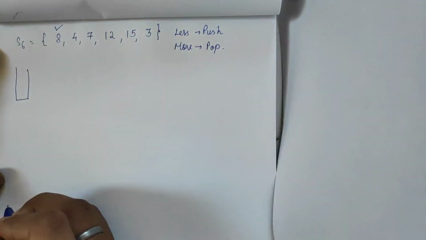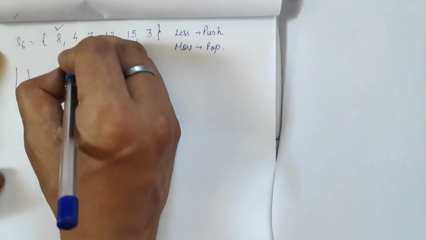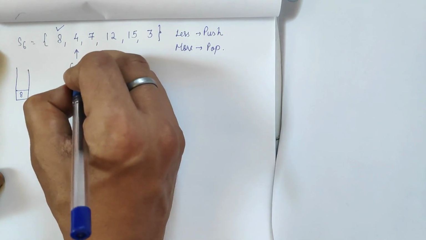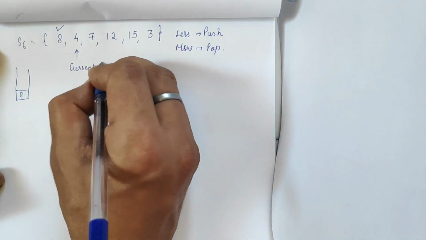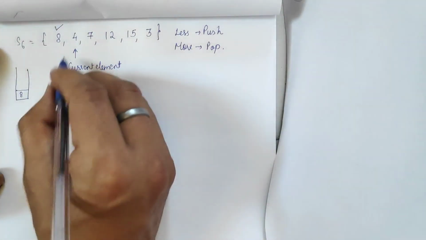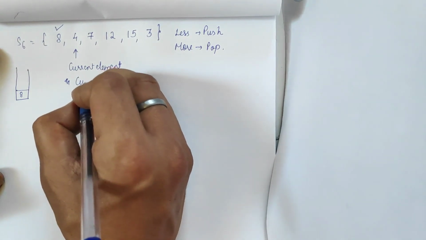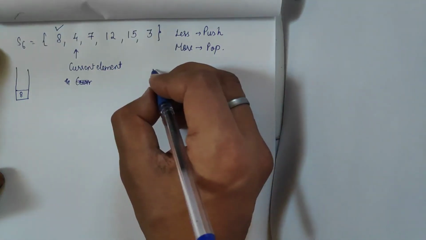So first we are pushing 8 on the stack, right? I am ticking it above. So 8 is pushed on the stack, and this 4 becomes the current element. Now what we do, we compare 4, right? Okay, sorry, let me make a table here.